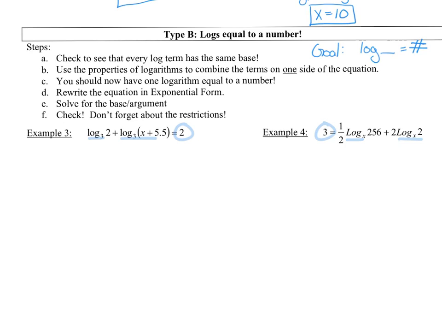So 2 logs with the same base being added together. Using the properties of logs, we're going to keep the log and multiply the arguments together. Remember, when you are multiplying these two arguments, it's 2 times a quantity of x plus 5.5, so we have to distribute.